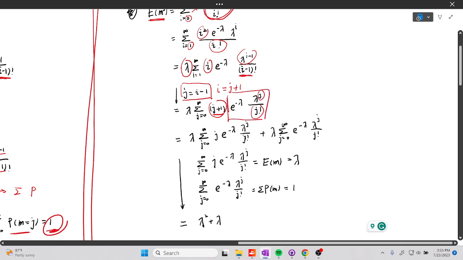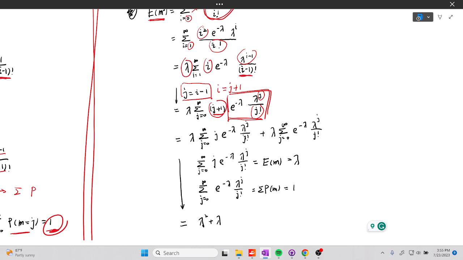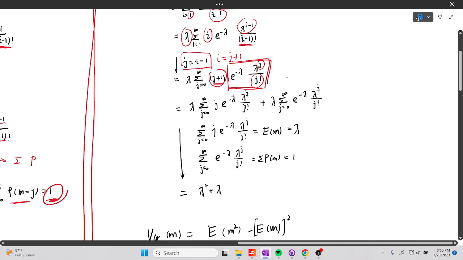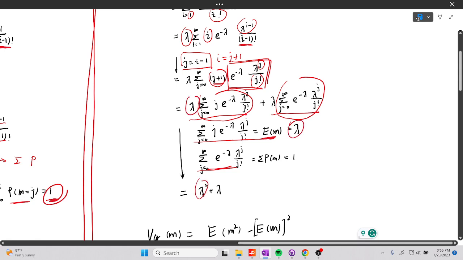So i equals j plus 1 here, here, and here. This thing looks familiar. Let's not get there yet, but you can divide it into two things: one is this, another is this. This is the expectation value, and this is the probability. Then we have lambda multiplied by the expectation value lambda, plus lambda multiplied by 1, since this is the sum of all the probability.